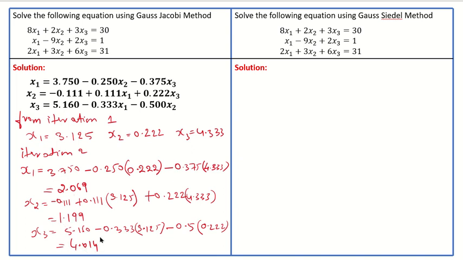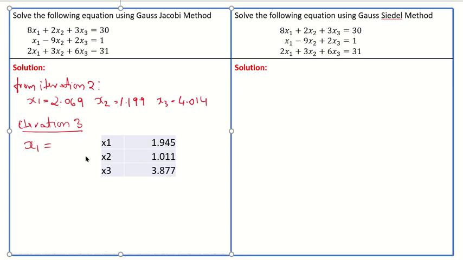In iteration 3, what are you going to do? In iteration 3, these updated values of x1, x2, x3 are used. That means whatever answer you got in iteration 2 will be the values for x1, x2 and x3 on the right hand side, and you are going to get the new x1, x2, x3 values.